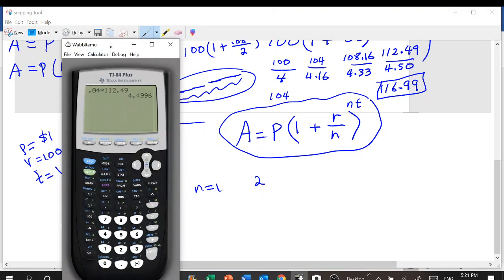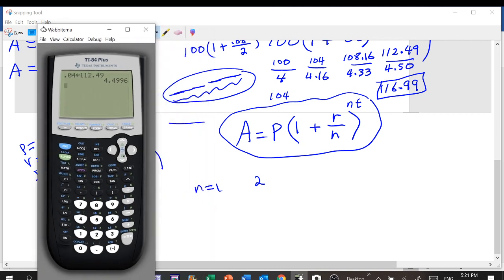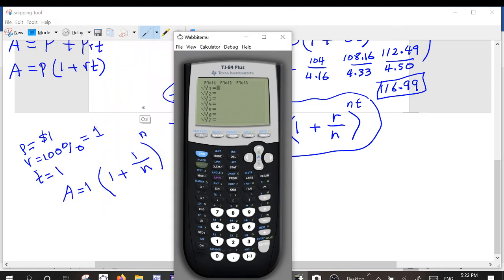Well, to make it easy, Bernoulli didn't have a calculator, but we do. So what we can do is put this formula that we have, this one right here, in Y1. So we can put parentheses 1 plus parentheses 1 divided by, instead of n, I just put x.